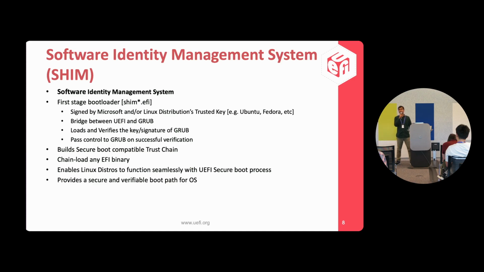Various Linux distros do the signing of these Shim binaries, and then the kernel and file system binaries. So this is the way Shim bridges the gap between the UEFI and GRUB and makes sure that it seamlessly checks the secure boot process and boots the OS.